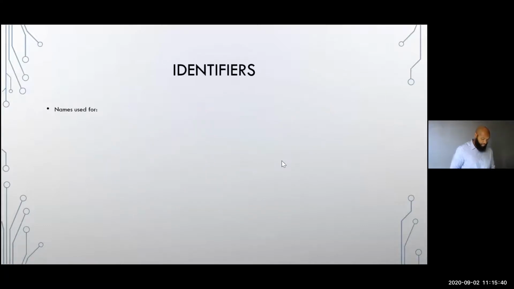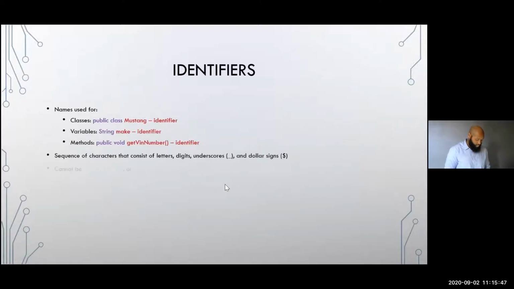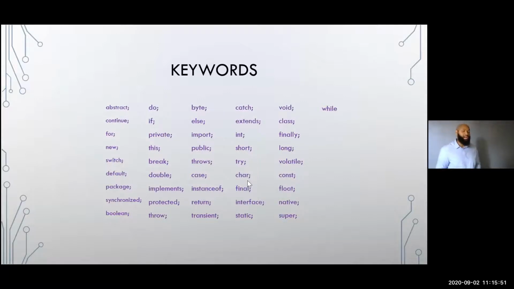All right, we just talked about identifiers. All right, so these are some Java keywords, and we'll talk about these as we go throughout the class. Just know you cannot use these to name your classes, your variables, or your methods. They are reserved words.